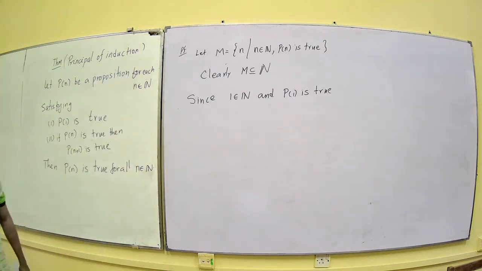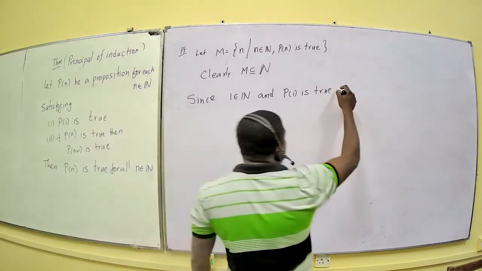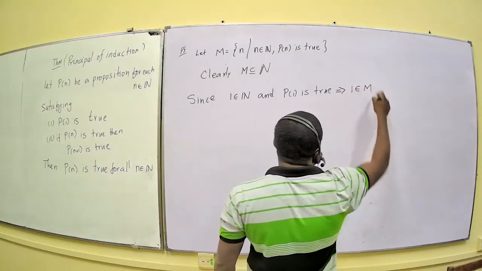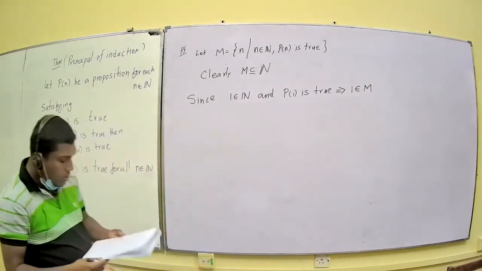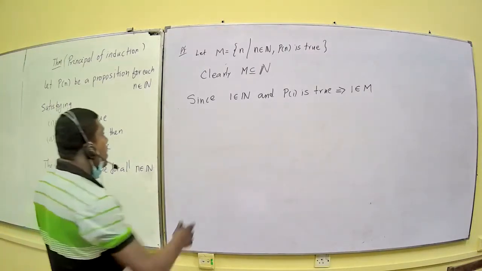So obviously 1 will be a member of capital M. Right? So this gives me that 1 is a member of capital M. Next.